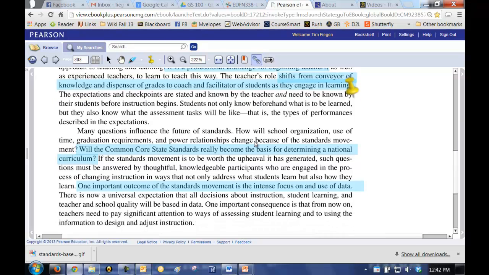Many questions influence the future of standards. How will school organizations' use of time, graduation, powers do this? With Common Core, state standards really become the basis for determining a national curriculum, and I say yes. It's a framework in place. You can now create a national curriculum because you already had the framework for standards and testing is in place.